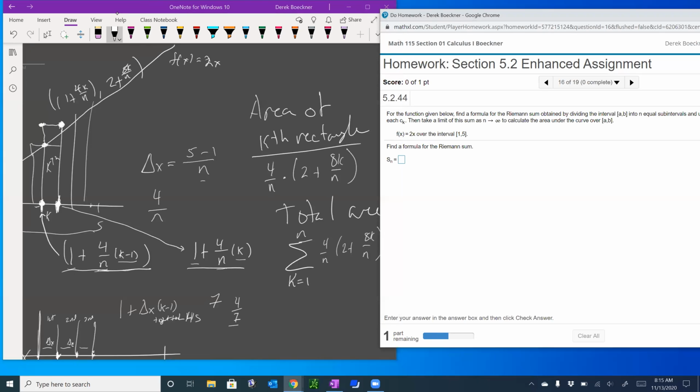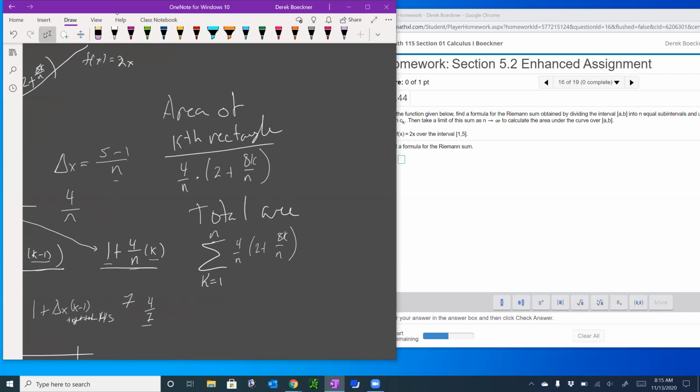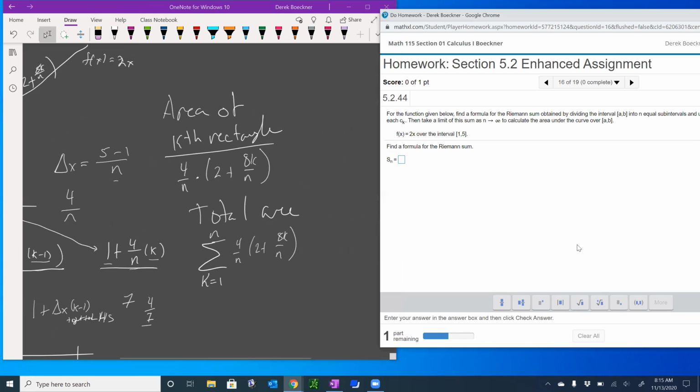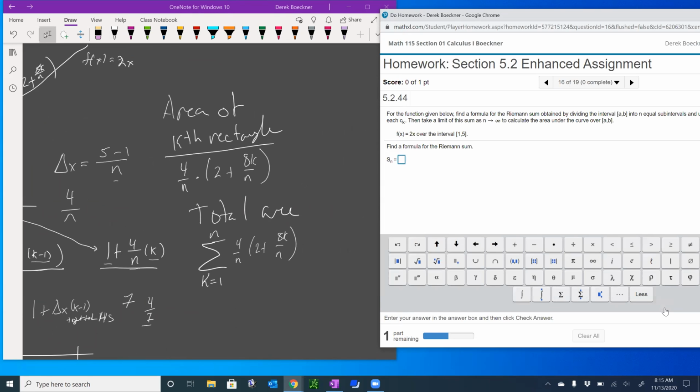And so the nth sum then is going to be this thing. Type that in. Sum from k equals 1 to n, 4 over n, 2 plus 8k over n.